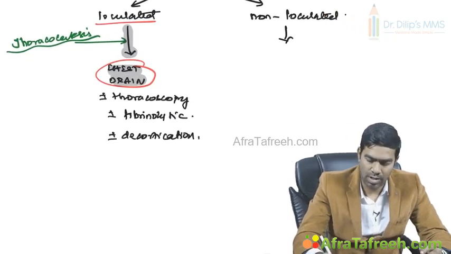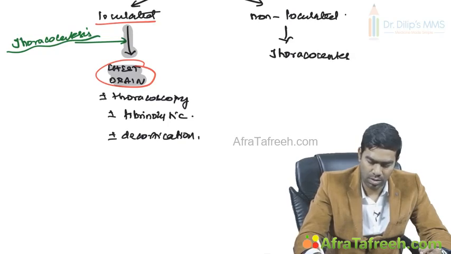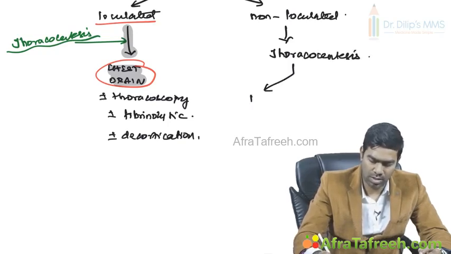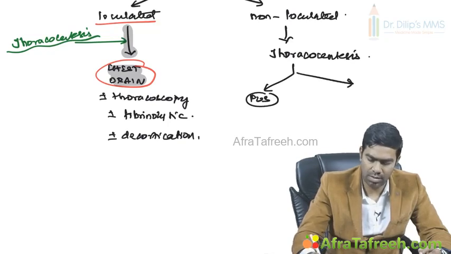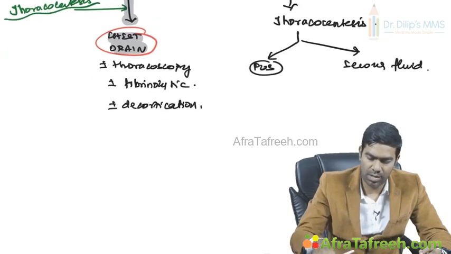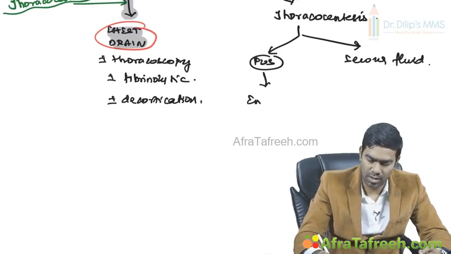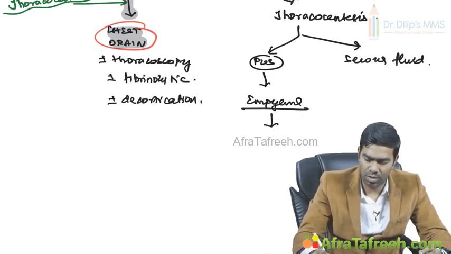If it's non-loculated, typically the next step will be doing a thoracocentesis. In the thoracocentesis, see whether it is frank pus or if it's serous fluid. So if it's frank pus means you're dealing with an empyema. Straight away, you have to go for chest drain in these cases.